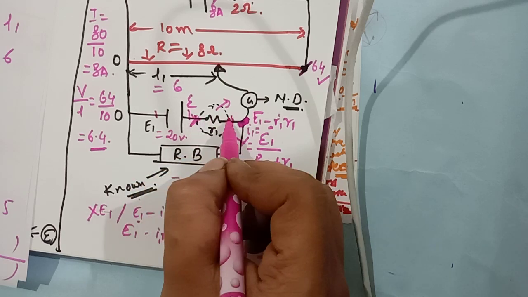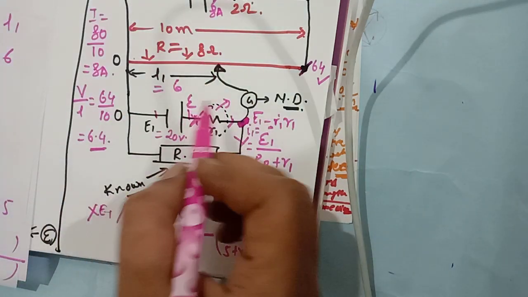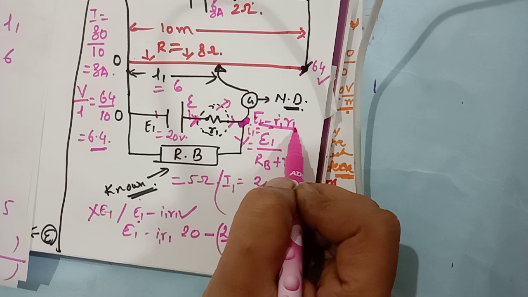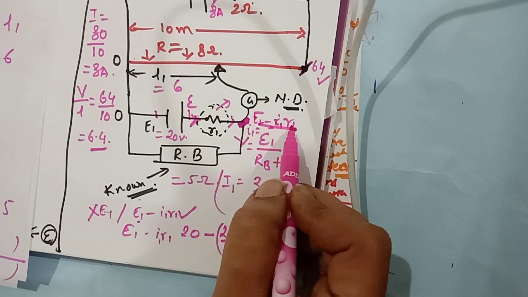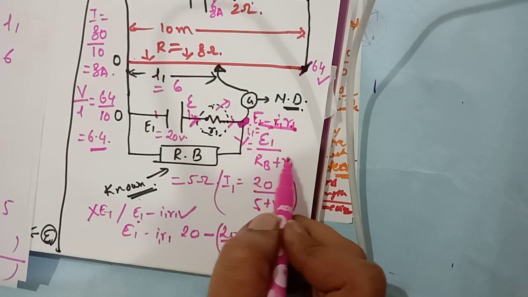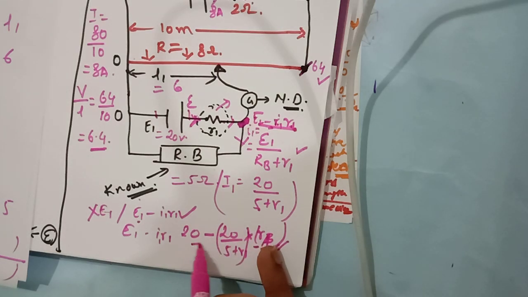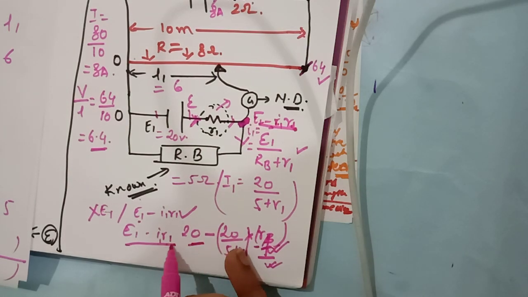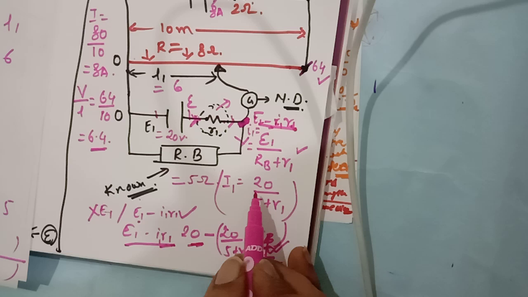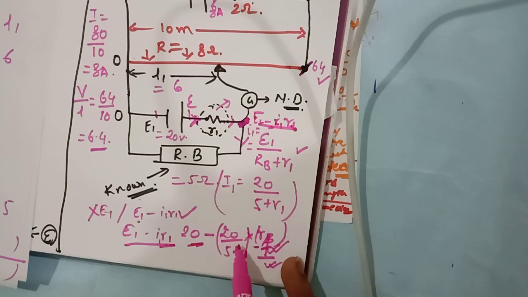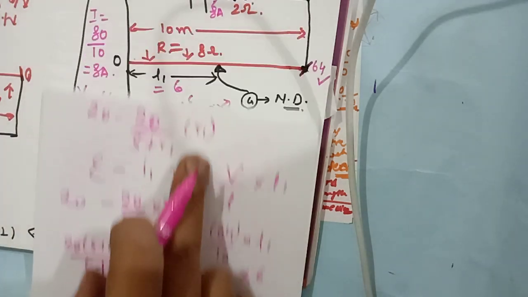If current goes through the resistance, voltage will decrease, so it will be E minus I1 R1, right? So what is I1, what is R1? I1 we have just calculated, and E is 20. So E1 minus I1 R1 will be 20 minus, I1 is 20 by 5 plus R1, into R1. Understood?